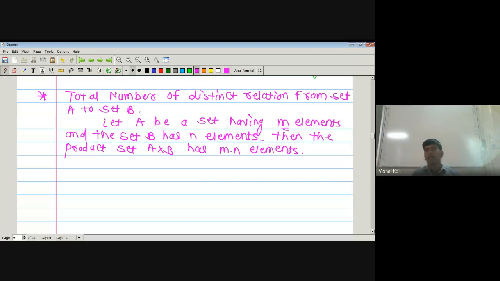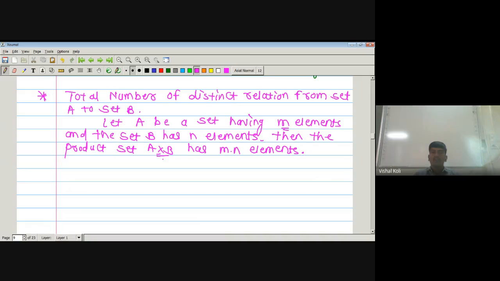Okay, and we have seen what is the power set of S. If suppose S be any set, then power set of S is nothing but the family of all the possible subsets of a set S. As here suppose S is nothing but A cross B. Therefore, power set of A cross B is nothing but all the possible distinct subsets of A cross B. And if a set S has n elements, then the power set of S has 2 to the power n subsets.